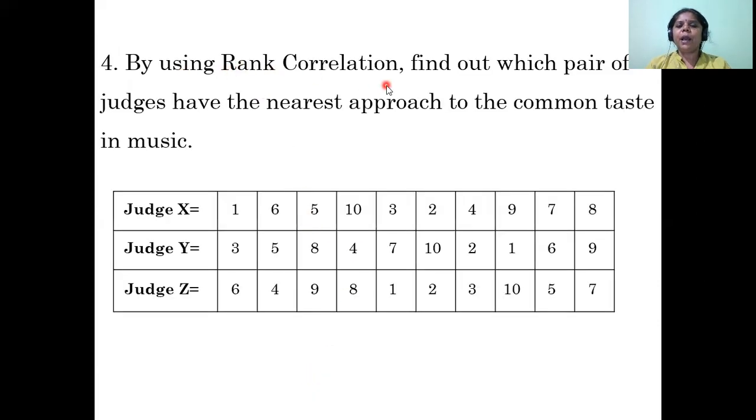Here, by using rank correlation, find out which pair of judges have the nearest approach to a common taste in music. Here three judges are there. In the previous sums we have done problems based on two variables, but here three variables are there: x, y and z. Judge X ranks are 1, 6, 5, 10, 3, 2, 4, 9, 7 and 8.